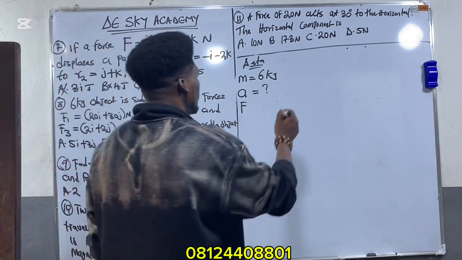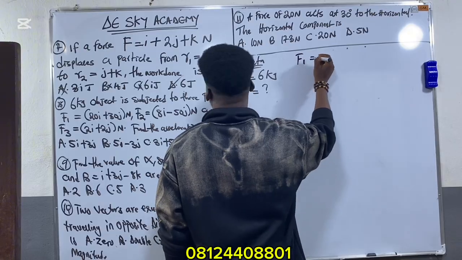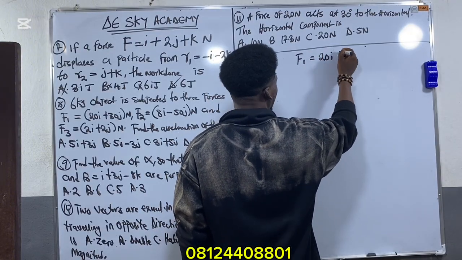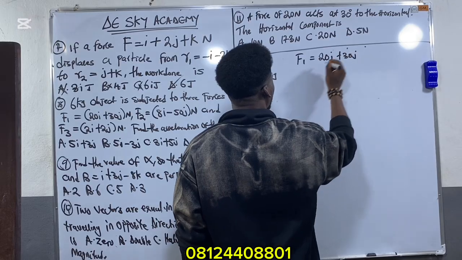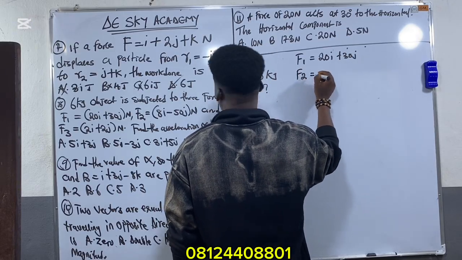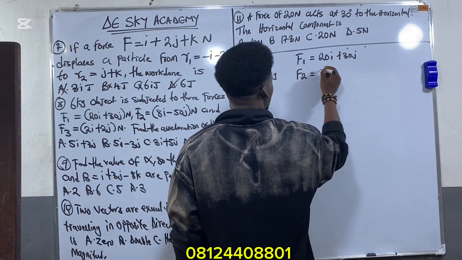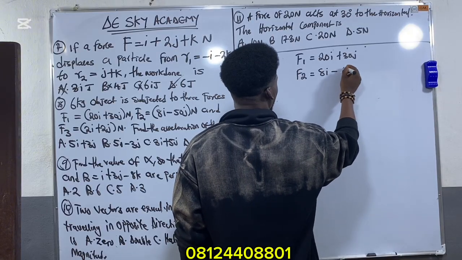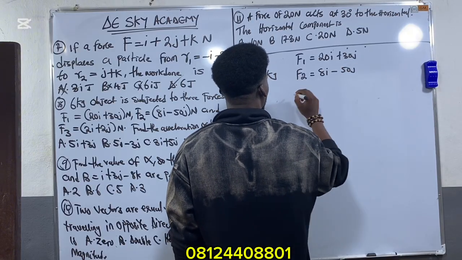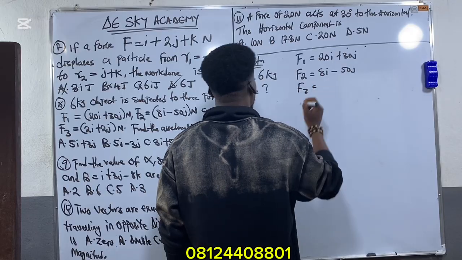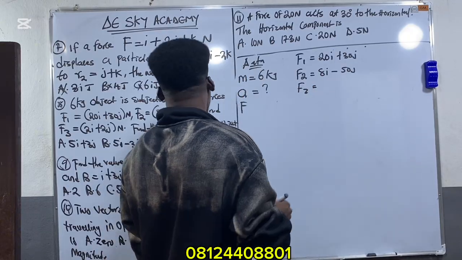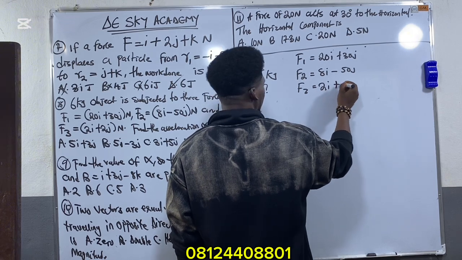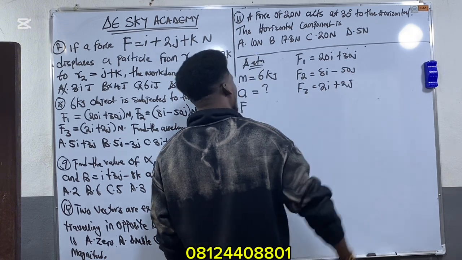But guess what? Just pay attention to this now. The first force, which is F1. What is the value of F1? 20i plus 30j. What of F2? F2 will now be 8i minus 50j. What of F3? F3 will now be 2i plus 2j.